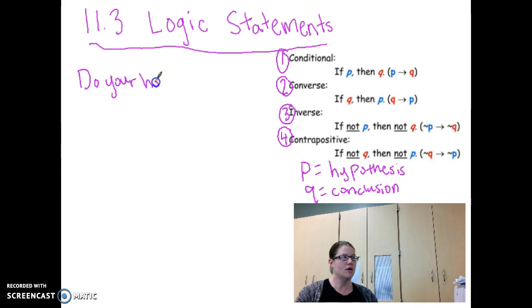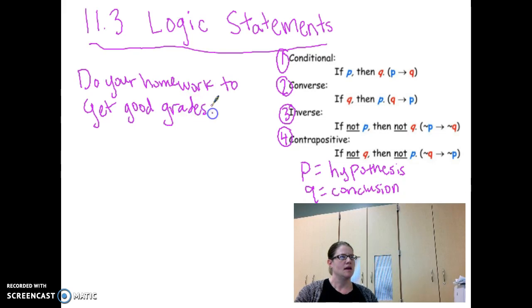do your homework to get good grades. Okay, so if this is my statement, then I'm going to have to locate here P, which is my hypothesis, and Q, my conclusion. So the first thing I'm going to do is say what P and Q would be.